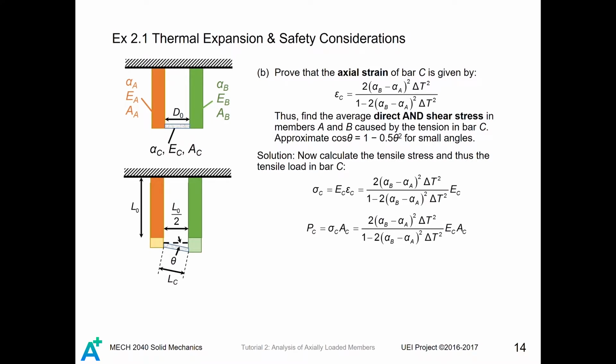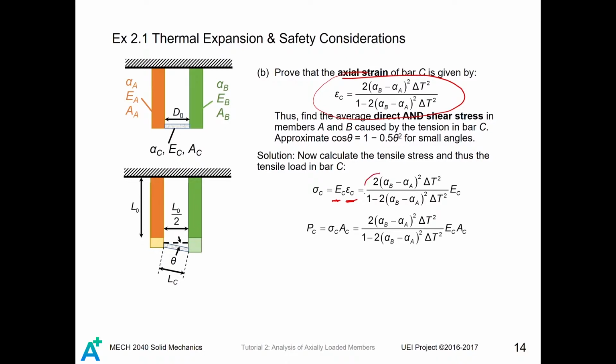Next, we try to calculate the tensile stress and the tensile load in bar C. Notice that we have already got the axial strain. Then we can find the tensile stress by using the Young's modulus times the axial strain.